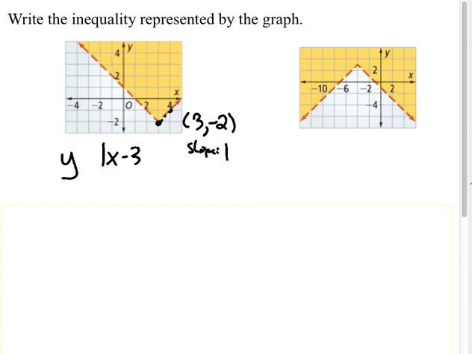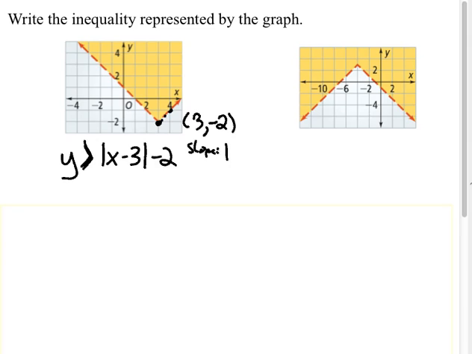Right 3, down 2, and I see a dashed line, so just greater than or less than, and I see shading upward, so it's going to be strictly greater than, okay? Again, I know that's the dashed line and because it's shaded up.